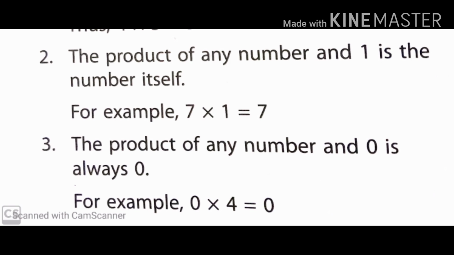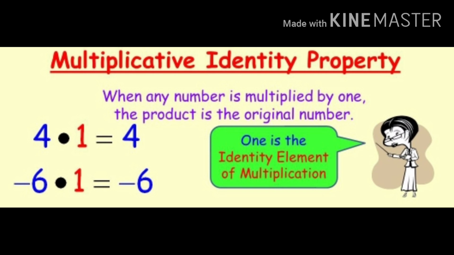When any number is multiplied by 1, the product is the original number. 1 is the identity element of multiplication. 4 into 1 is 4. 6 into 1 is 6.